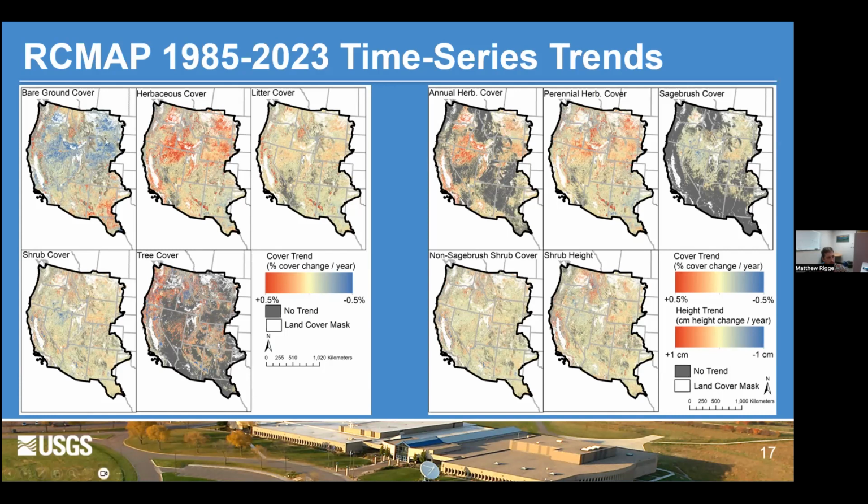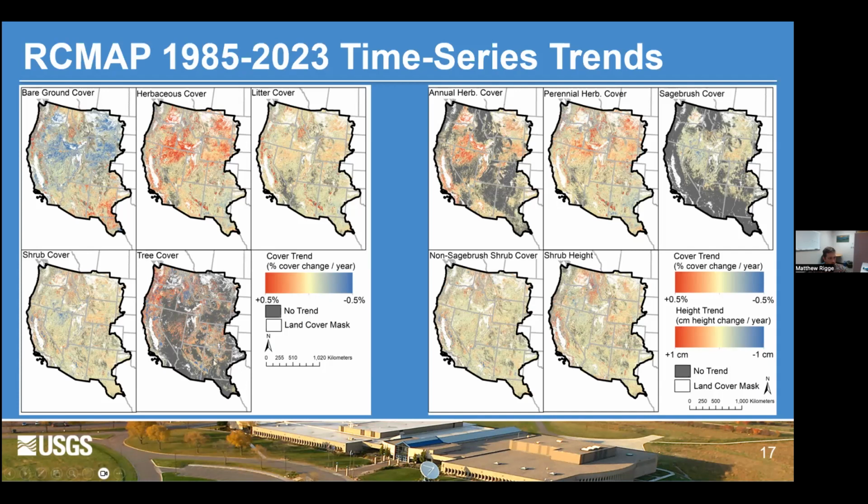The other thing going on is that there's a long-term trend of increasing precip over a lot of the northern Great Plains. What else should I point out? Fire is a major driver here clearly as well. We can see where we've got a lot of fire going on in the northern Great Basin. Shrub cover is trending downward, and in the same areas we'd see an increase in herbaceous cover.